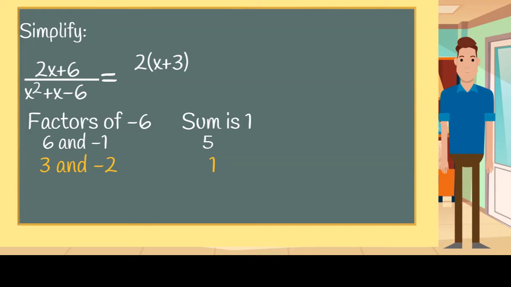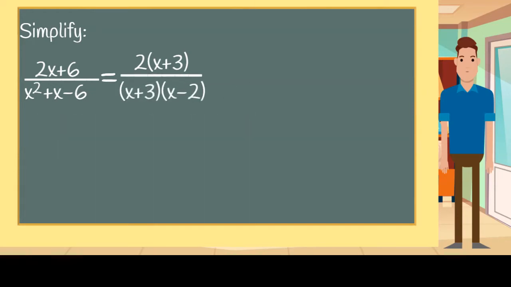Its factored form is x plus 3 times x minus 2. Equating the two factors of the denominator to 0 will lead us to the restricted values of the rational expression. The given rational expression is defined for x is not equal to -3 and x is not equal to 2.